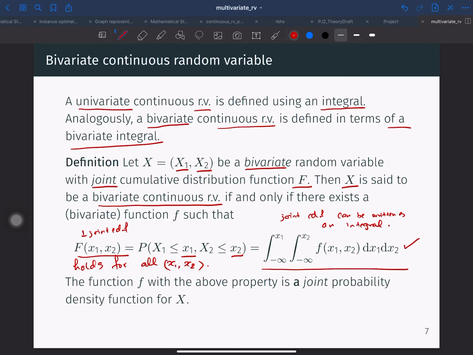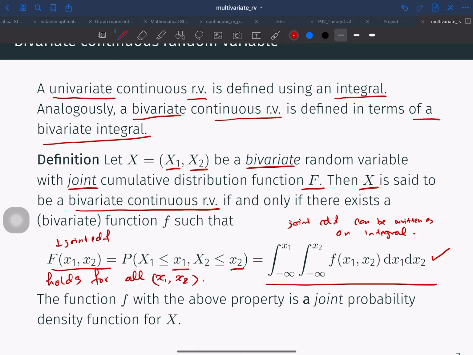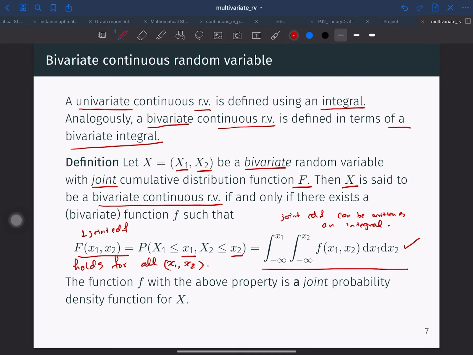If you're being a little more precise, you may say the way we write it here is sloppy notation-wise. Let's fix this typo here. Let's call this variable w, and this z, so this becomes dz and this becomes dw, just to avoid using x1 and x2 in the integration.